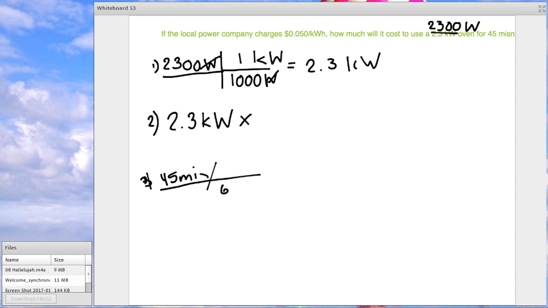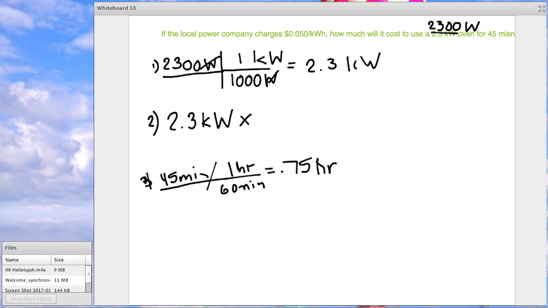So we have 60 minutes in 1 hour, and we're going to get 0.75, which I kind of already knew, which is why I didn't think about converting it.